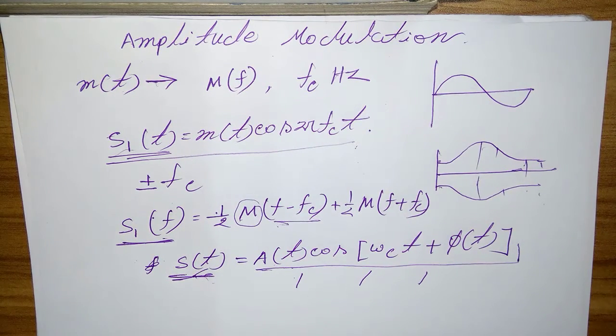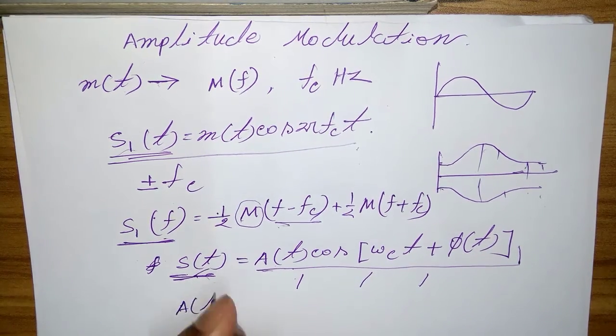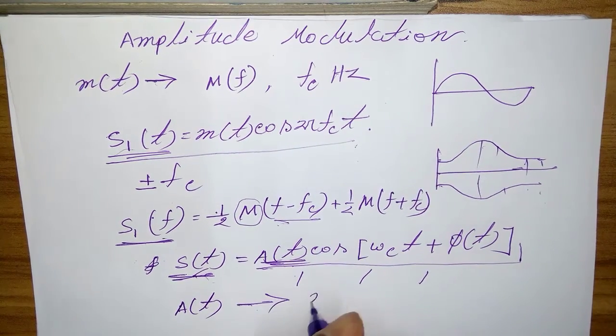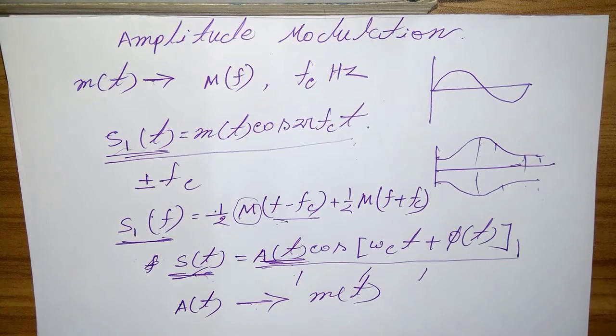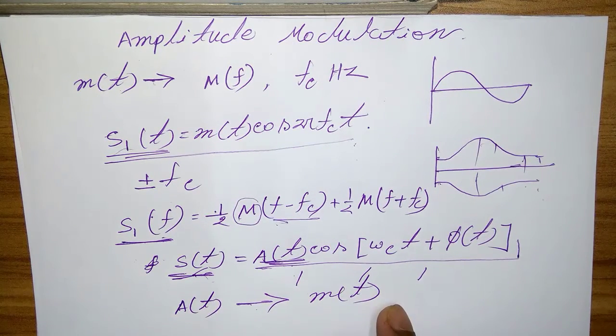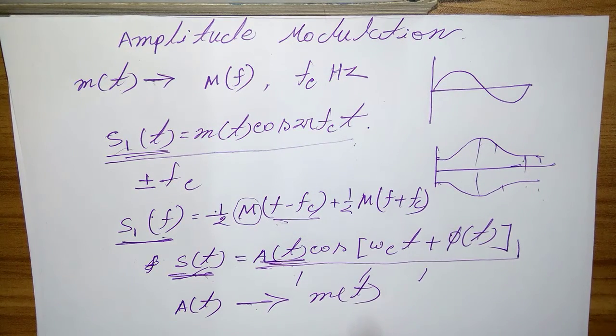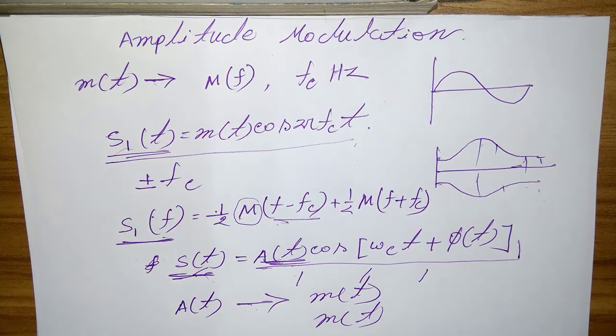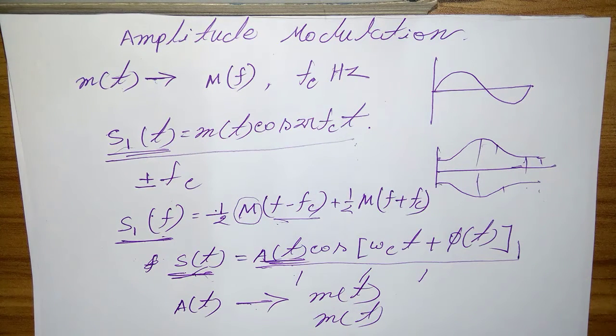Mind it. In that case, the amplitude a of t linearly varies with m of t. Clear? So that's amplitude modulation, and when frequency linearly varies with m of t it is frequency modulation, and when phase varies with m of t it is phase modulation.